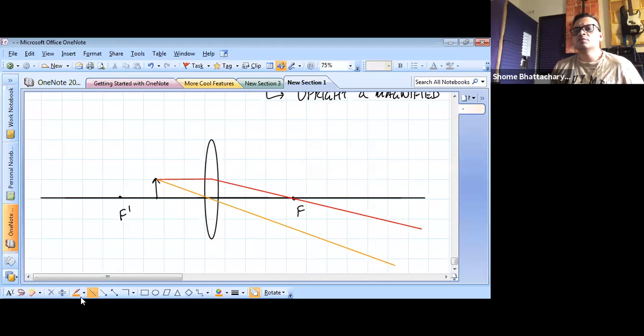So they have to be produced back to find the position of the image.